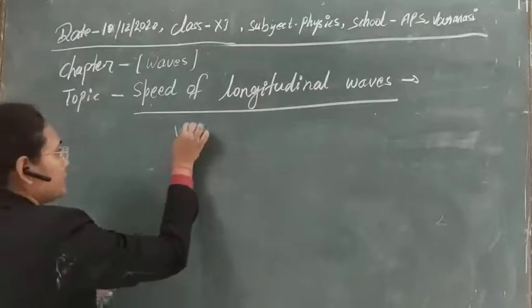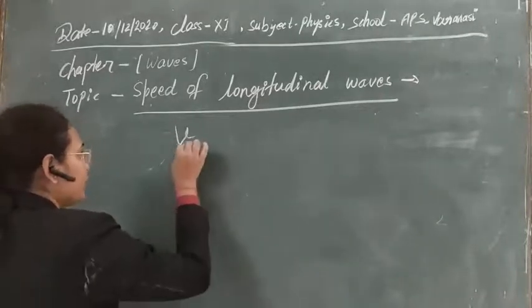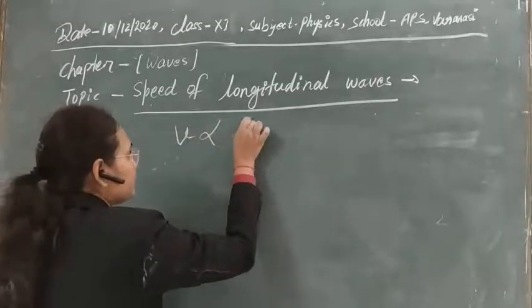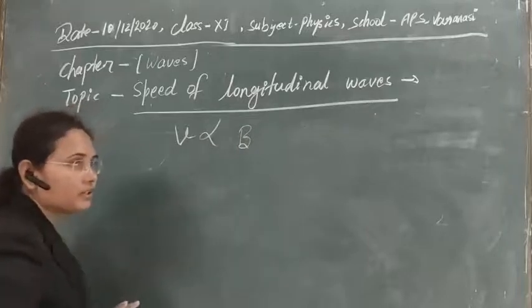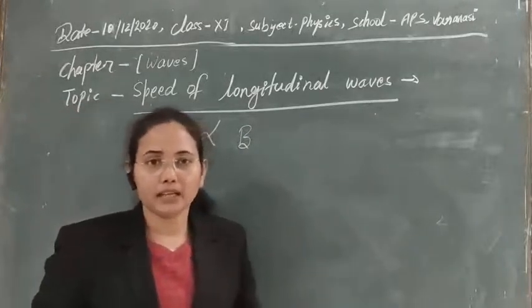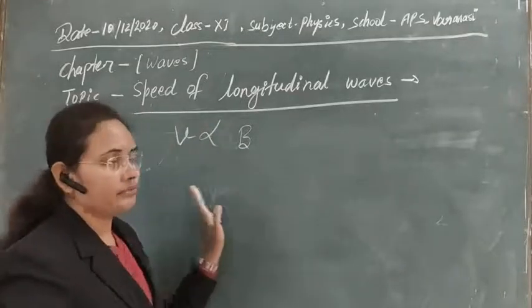So let's write, suppose that v is the velocity of the longitudinal wave. If you are confused, you can write v_l also. This is directly proportional to the bulk modulus, which we represent by capital B or capital K, if you want to use that. There is no confusion at all.